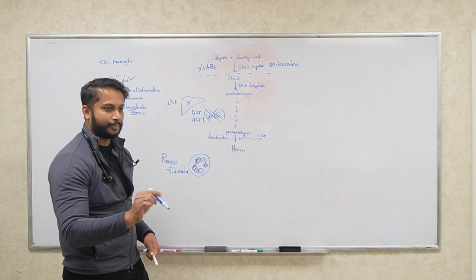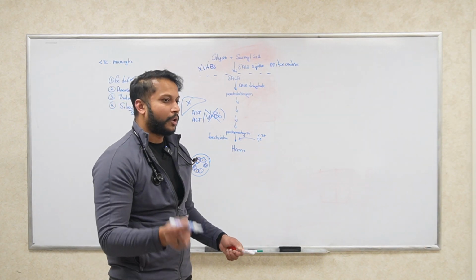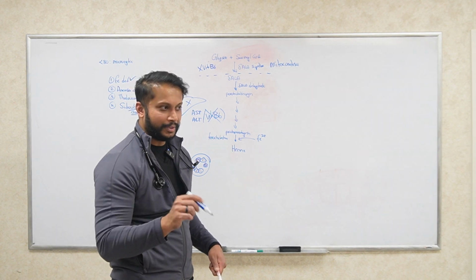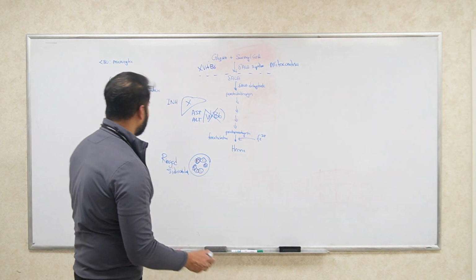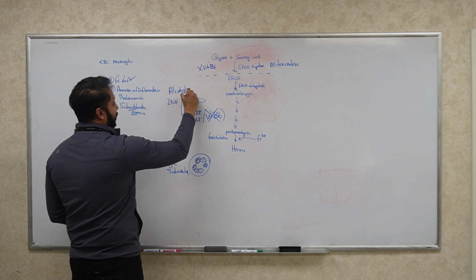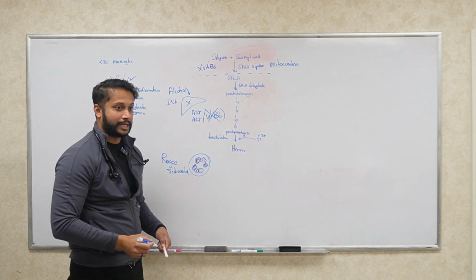But I just wanted to make that point, but not a lot of people are on INH, right? But all of you like to drink something that can deplete your vitamin B6. What is that? Alcohol. Very good. If you drink alcohol, it actually destroys the liver. Your AST and ALT goes up, right?